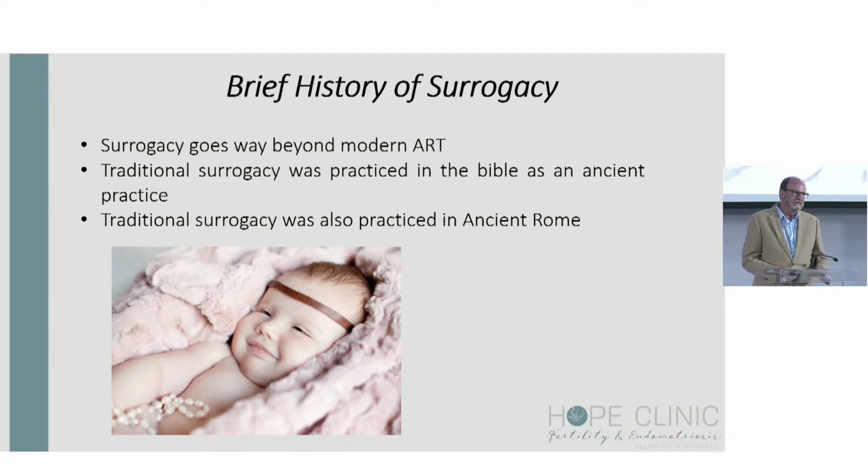And if you want to, you can go and read in the Bible in Genesis 16 about one of the first types of surrogacy that was done. Then traditional surrogacy was practiced in the Bible as an ancient practice, and then traditional surrogacy was also practiced in ancient Rome.